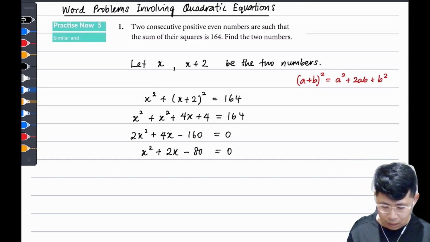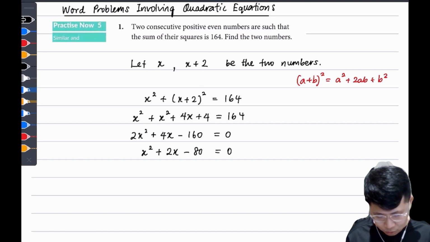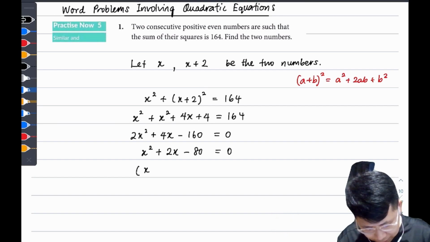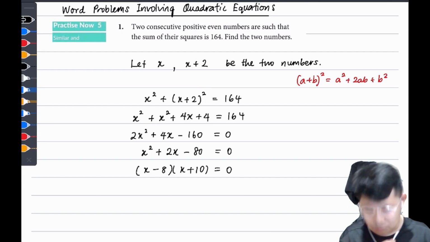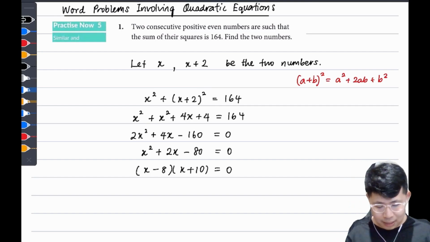Now we can factorize this. Up to you, you can try to factorize, but when I factorize, I have (x minus 8)(x plus 10) equals 0.